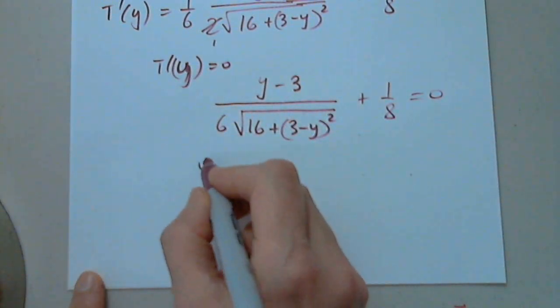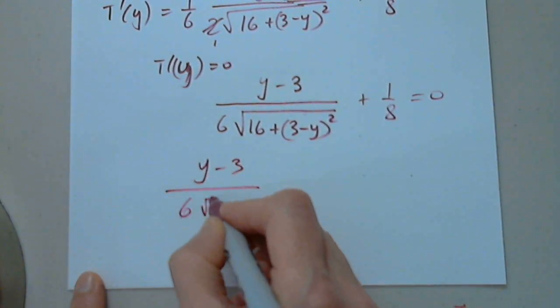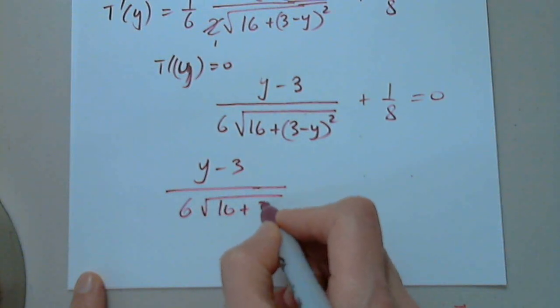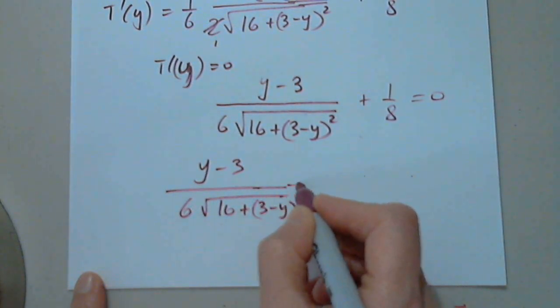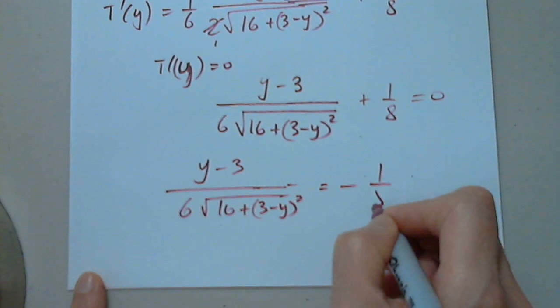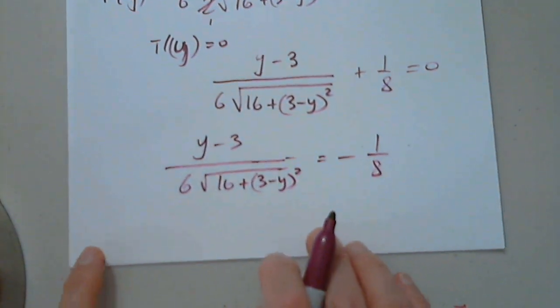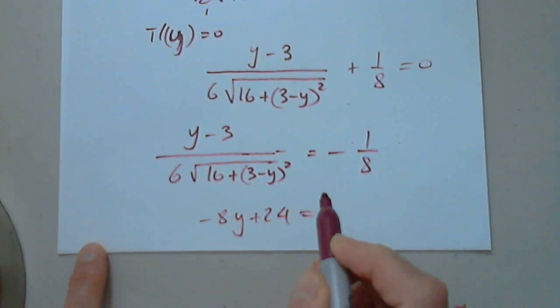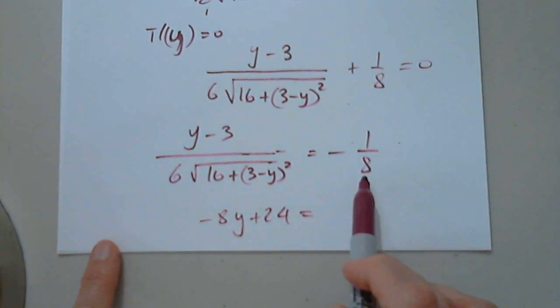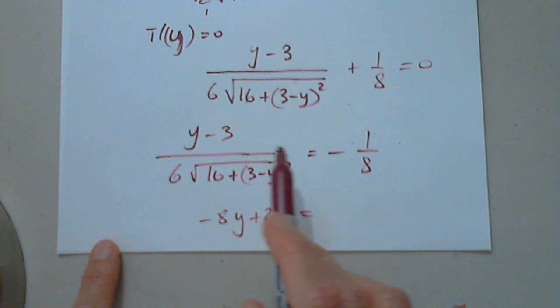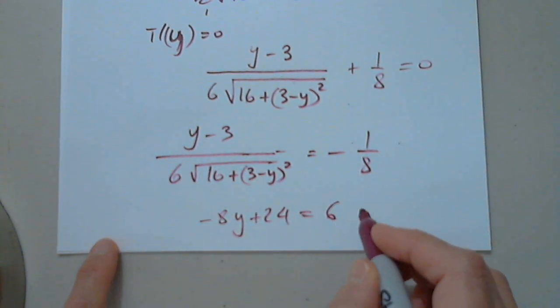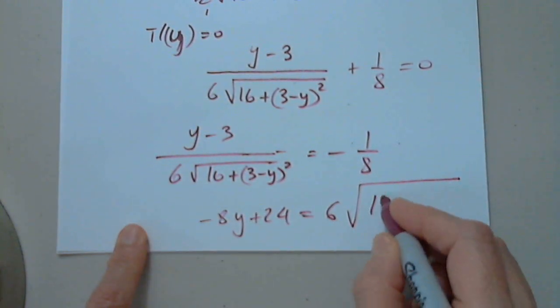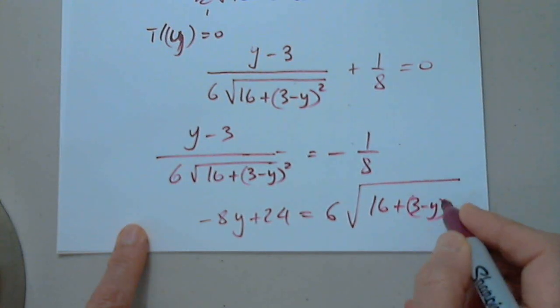So let's see. y minus 3 over 6, the square root of 16 plus 3 minus y, everything squared, equals negative 1 over 8. Now I cross multiply. So I have negative 8y plus 24 equals, so I incorporate the negative already, equals 6 times the square root of 16 plus 3 minus y, everything squared.